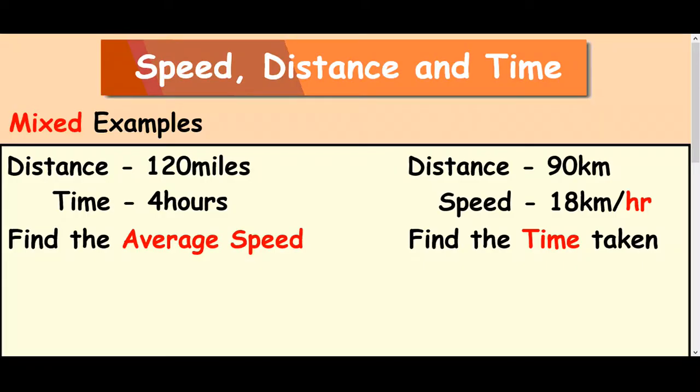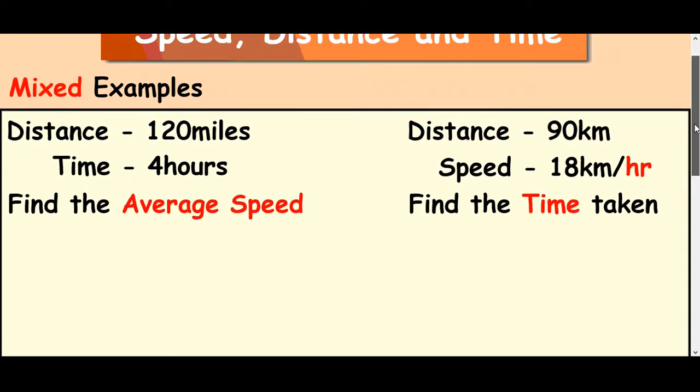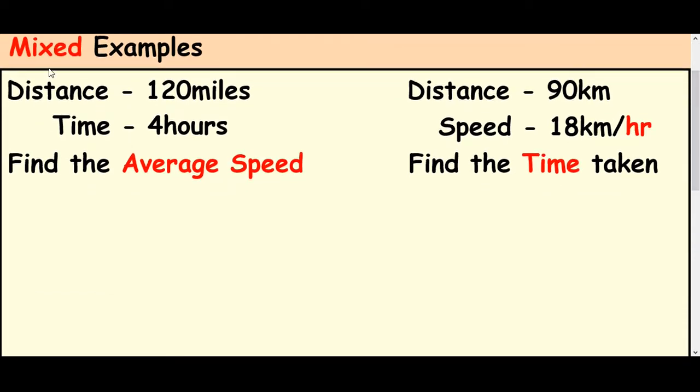Right, so let's look at some questions and the kind of thing you'll be asked to do. First one, just simple. We've got distance is 120 miles, time is 4 hours, find the average speed. If you were unsure of your starting point, draw your wee triangle out, and you cover up the S for average speed, and it's distance over time.